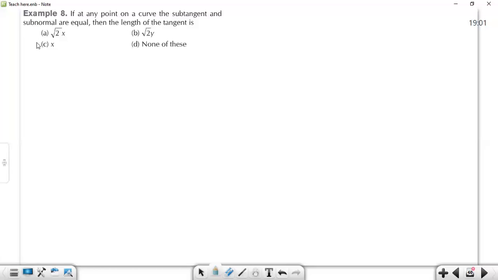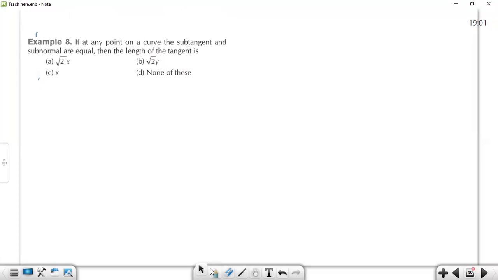Okay, let's discuss example number 8. If at any point on a curve the subtangent and subnormal are equal, then the length of tangent is what? You can do it in the homework using these 4 formulas.